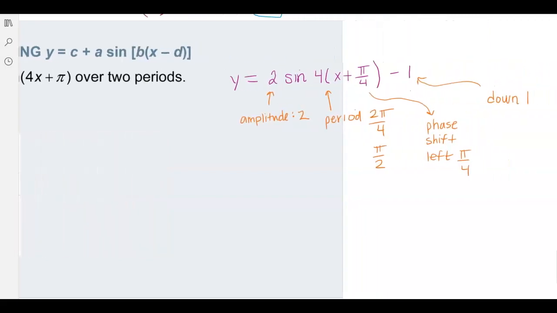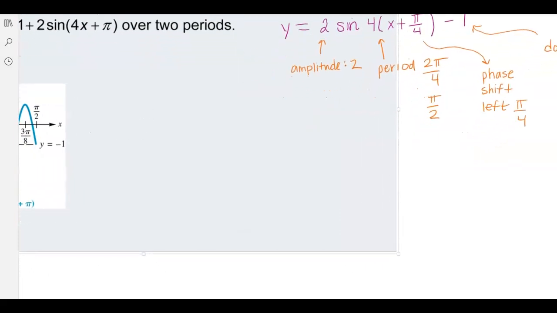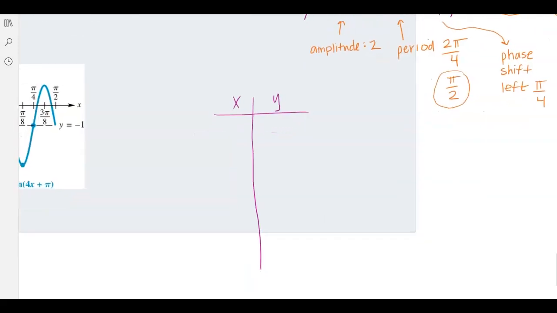All right, let's start by getting our 5 points. The period is pi over 2, right? So we'll start at 0. We'll go down to pi over 2. The middle of that is pi over 4.